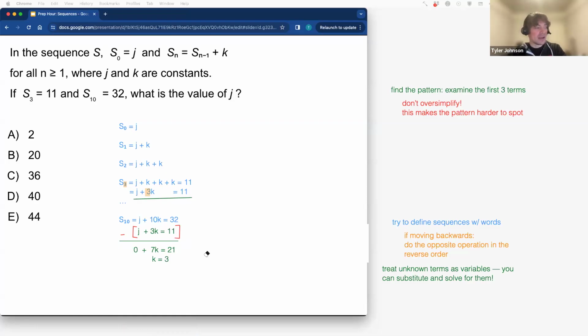So now I've got my value for k, and I'm just going to take one of my equations I started with, like j plus 3k equals 11, pop in 3 for k, and solve for j. And you'll see the answer is 2.